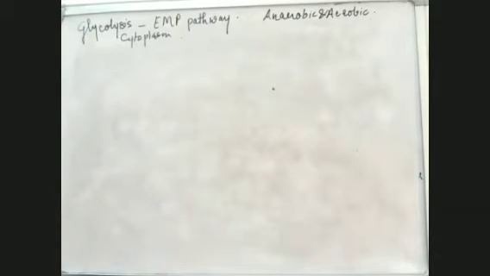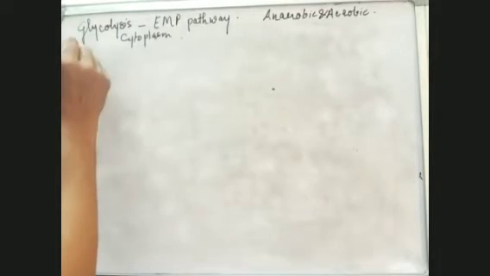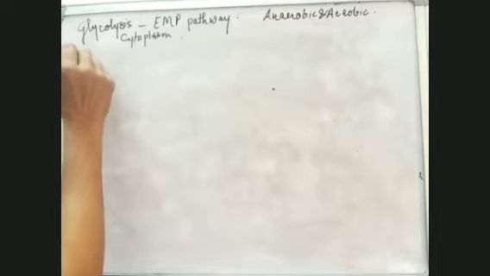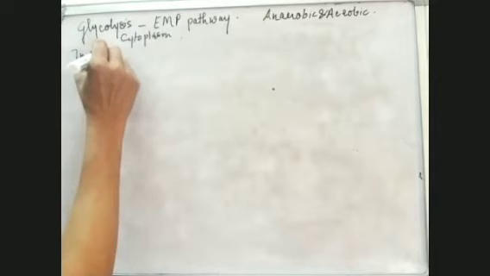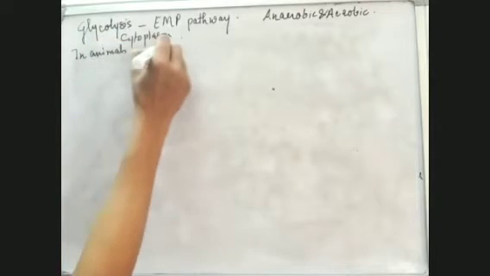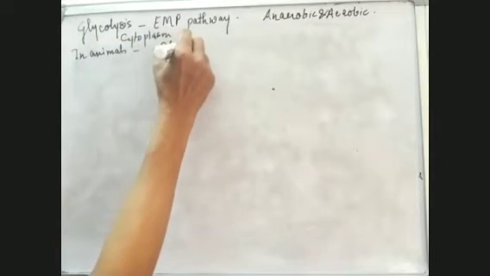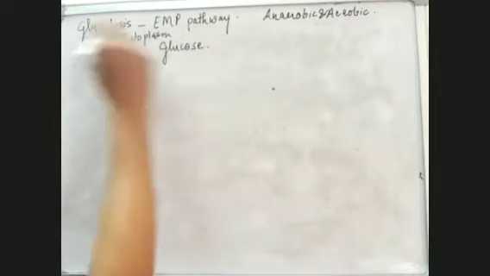Okay, then see, in plants what happens? Sucrose is there. In animals, we have glucose to start with the process of glycolysis.